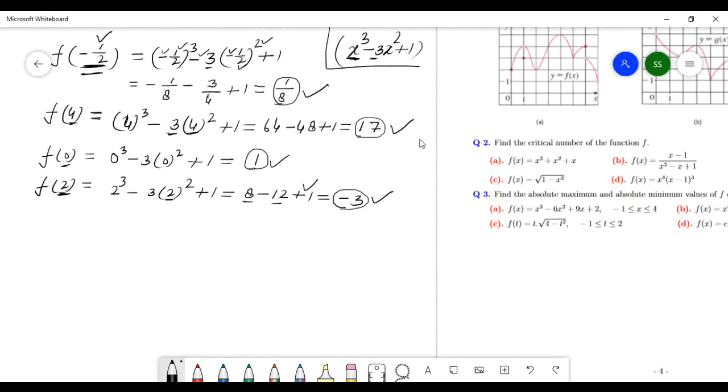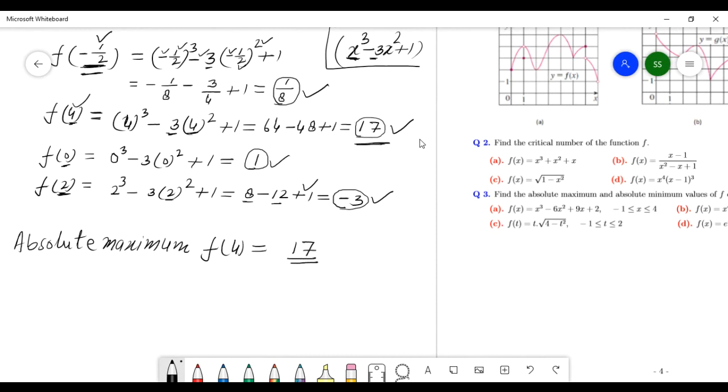Absolute maximum, where this one is 17, and you will get it at this number 4. So absolute maximum f of 4 equals this 17.